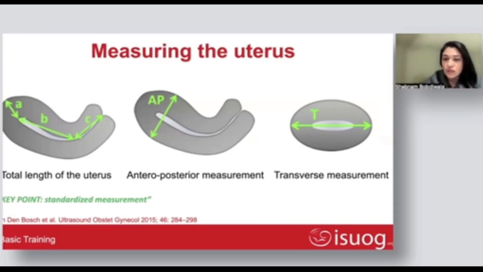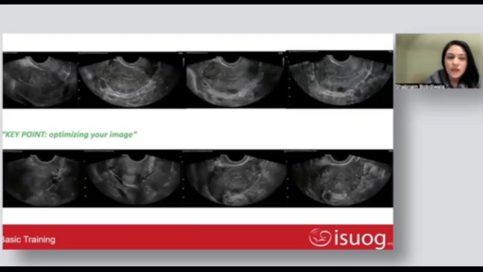We know it's a 3D structure, so you look at the length, the anterior-posterior measurement, and the transverse measurement, and it tells you how to do that. The other key point here is optimizing your image and making sure you're getting the correct sagittal and transverse views before you start measuring.